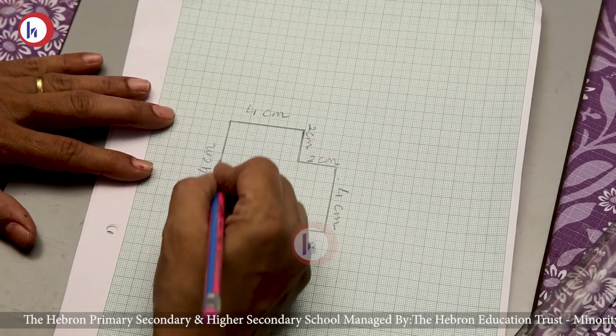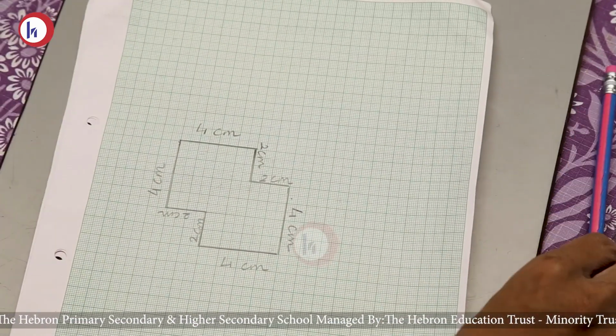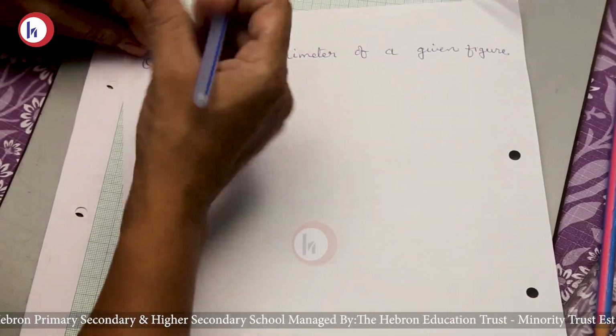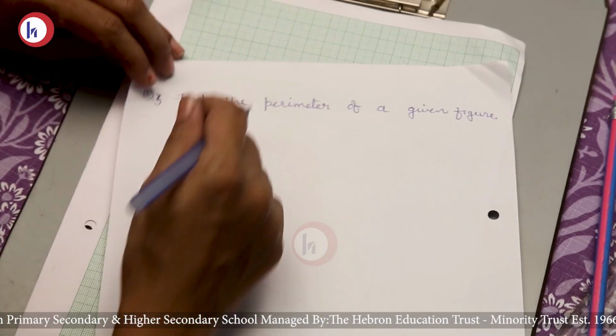Now we have to count the outer line, the boundary of the shape. Okay? Find the perimeter of the given figure. That question you have to write.